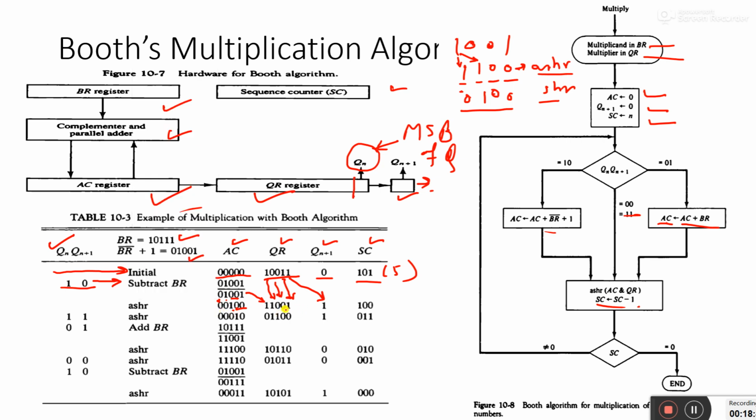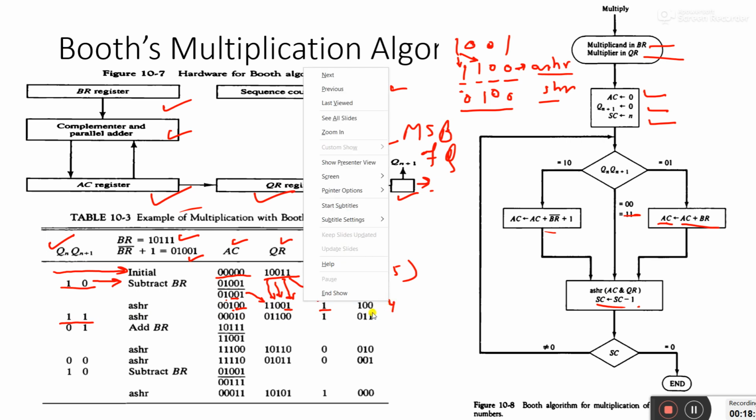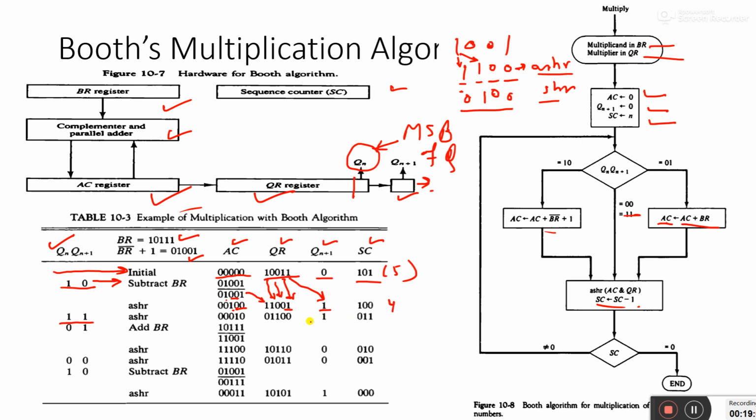Now again I will check my Qn, which is my MSB of Q register, and Qn plus 1, it is 1 1, and it is the same thing, this is 1 1. And now again I am doing an arithmetic shift right, and after the shifting, I will decrement my sequence counter by 1. Again I will do arithmetic shift right.